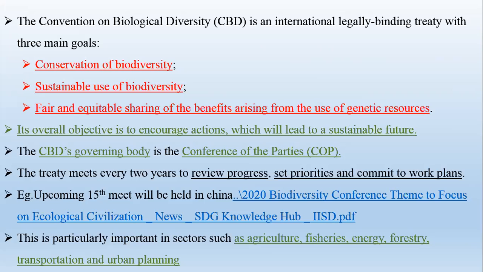So the benefits from these particular resources should be equally distributed, and local bodies and local communities related to those resources should also benefit. That is one of the important goals. Next, its overall objective is to encourage actions which will lead to a sustainable future.